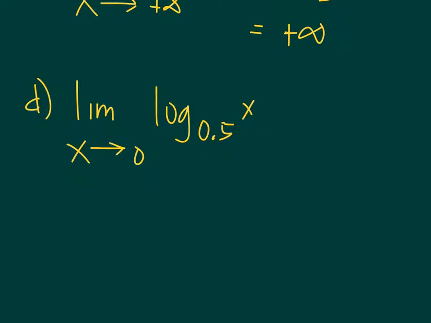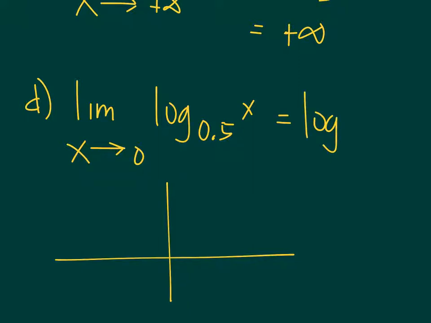Same idea, we go back to the graph of a log. Like a to the x, the base could be a number bigger than 1, or it could be a fraction less than 1 but bigger than 0. So this is 0.5. This expression is equal to log base 1/2 of x.